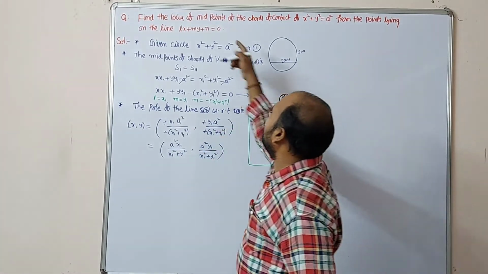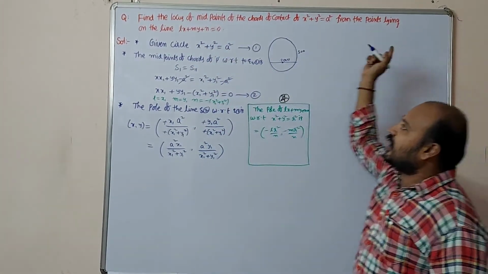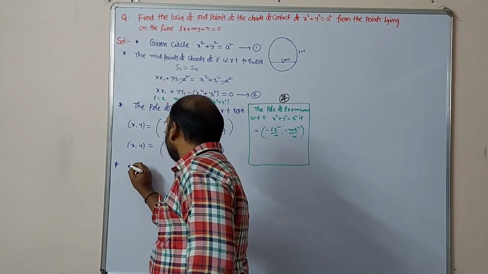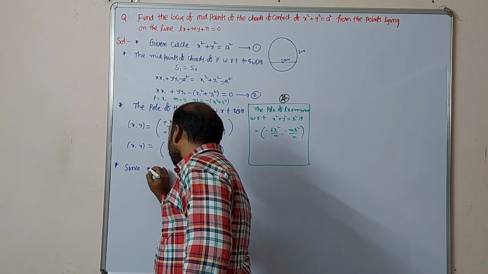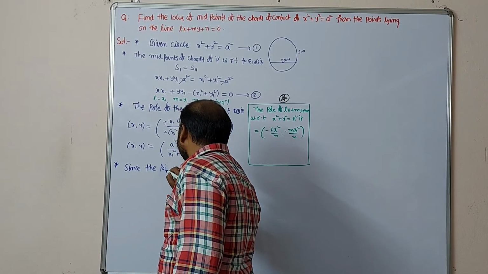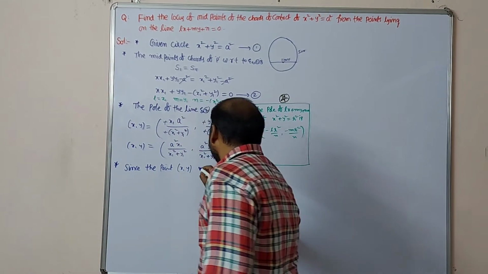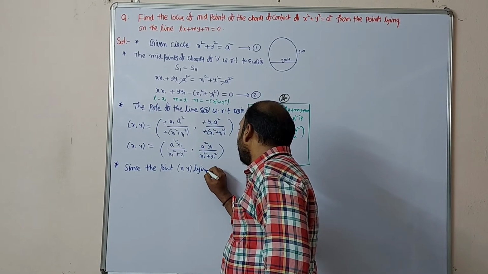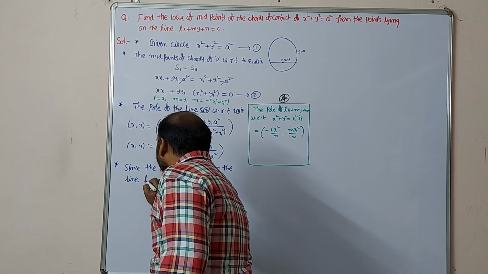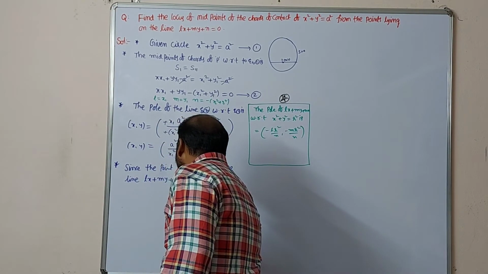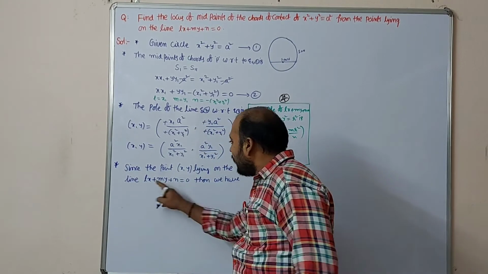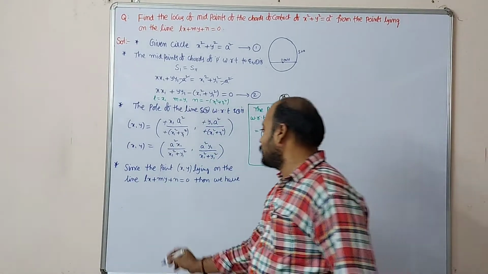This pole lies on the line. That only they said, from the points lying on the line. So this x comma y, since the point x comma y lying on the line Lx plus my plus n is equal to 0, then we have, so wherever x comma y is there, you have to replace with these values.